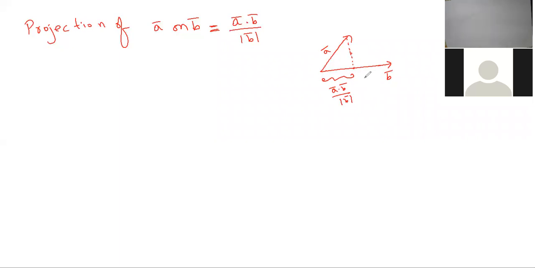Now the question comes, is it compulsory that every pair of vectors are coplanar? Any two vectors must be coplanar? Compulsory? Suppose you take this vector. This is one vector.